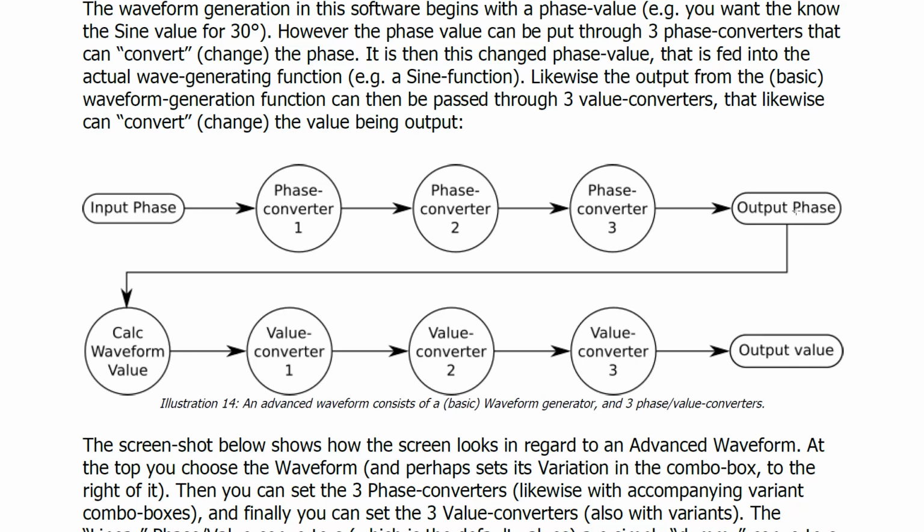And then that output phase is what's actually put into the waveform function, for example, the sine. That sine output value is in the range from -1 to +1, and that value is passed on to the first value converter, then to the next value converter, and then to the third value converter, and then it's finally output, and that's the output value that's used to draw the waveform.